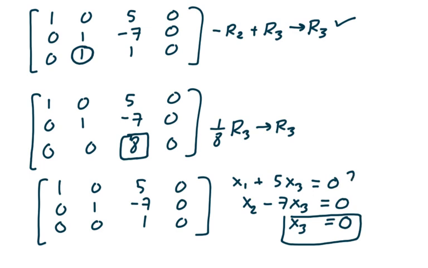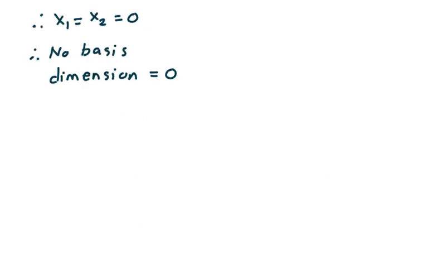And so if I solve for x1 and x2, you're getting 0. And so therefore there's no basis for the solution space, because the only solution is the trivial solution. And so therefore the dimension is 0, because the only solution in that system is the 0 vector.